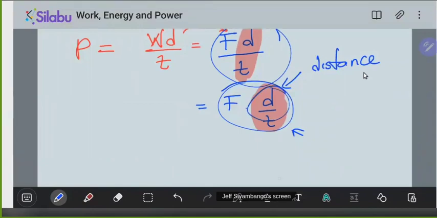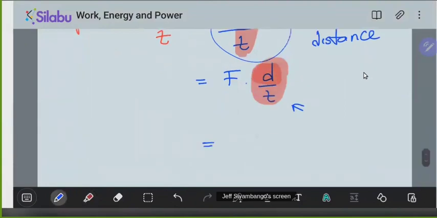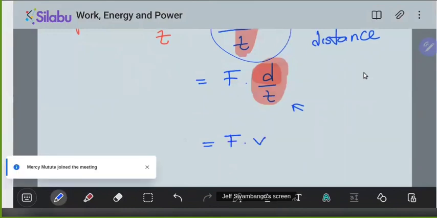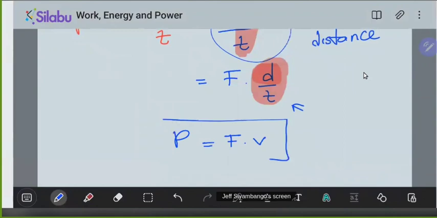But because I am specifying that d here has direction, meaning this is displacement, this quantity is actually velocity, meaning that power can now be written as force multiplying velocity. So this can also be taken as a formula for power, force times velocity.